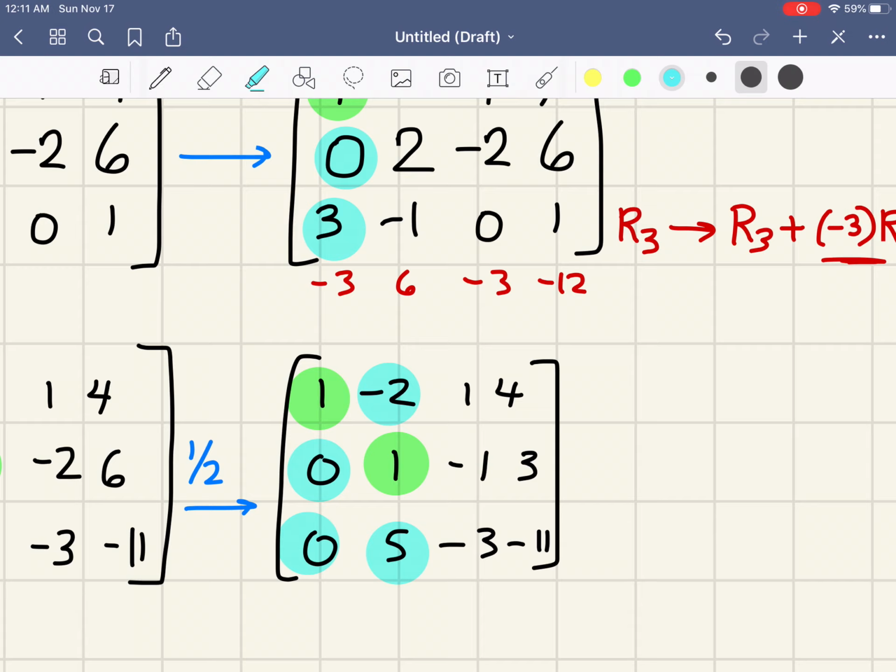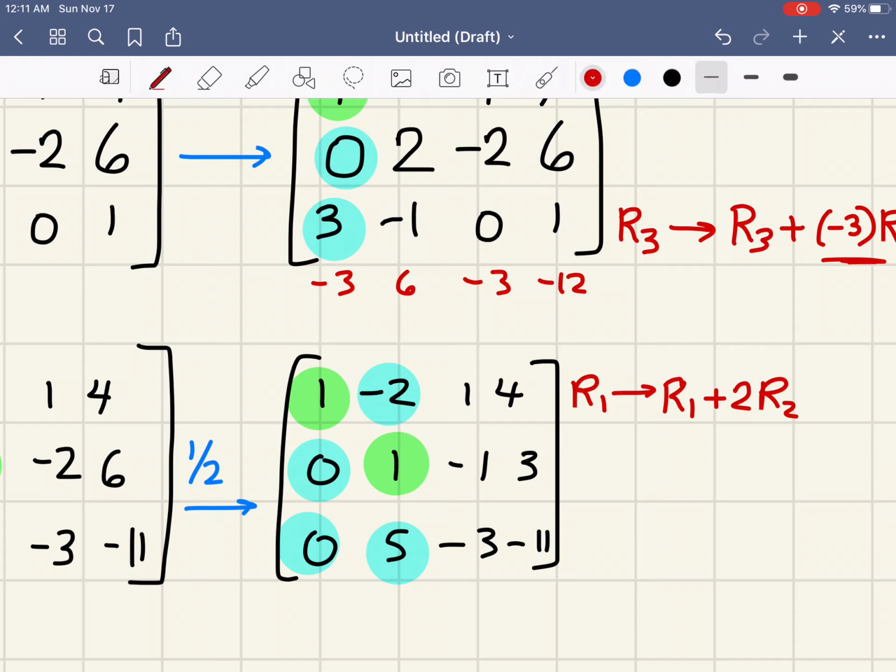And I do it like I did it before. I'm going to replace row 1 with row 1 plus row 2, because if I take 2 times 1 and add it to here, I get 0.